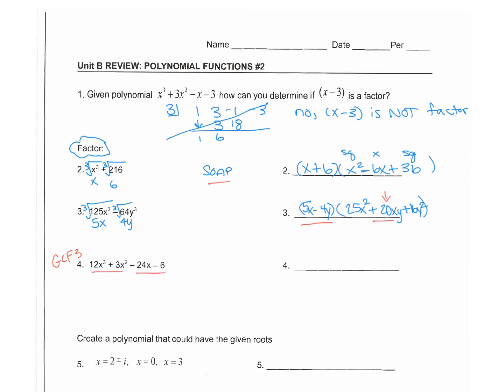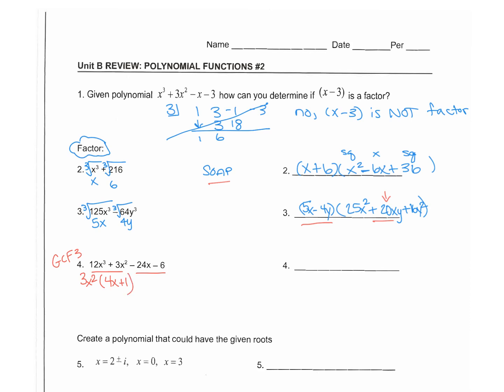So let's underline and underline. The 12x cubed and the 3x squared have a 3x squared in common. So after I divide both by 3x squared, I would get 4x for my first term. And then the 3x squared and the 3x squared completely cancel.